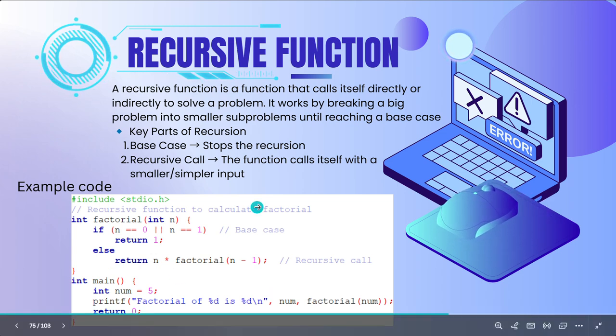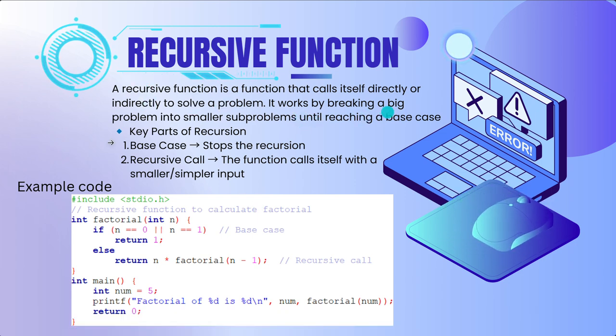A recursive function is a function that calls itself directly or indirectly to solve a problem. It works by breaking a big problem into smaller problems until reaching a base case. So a recursive function has two main parts: the base case and the recursive case. The base case stops the recursion, and the recursive case is the function which keeps on calling itself with a smaller input.